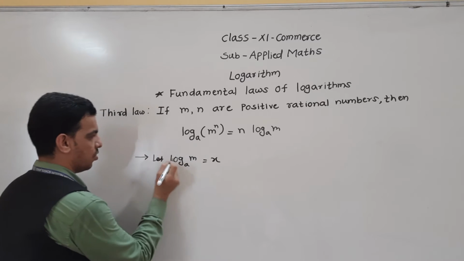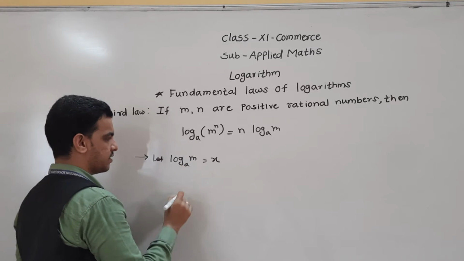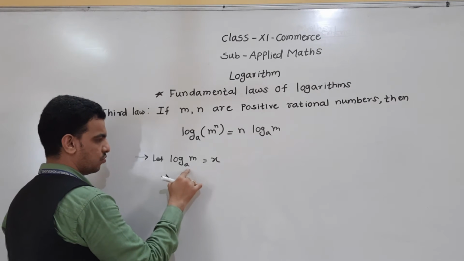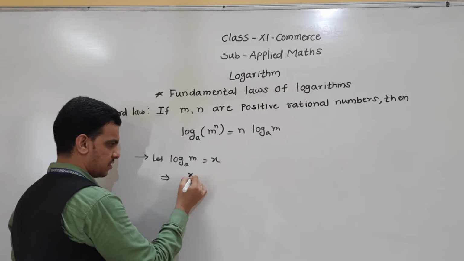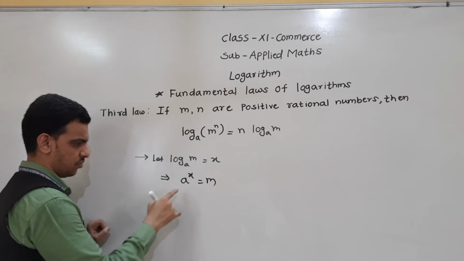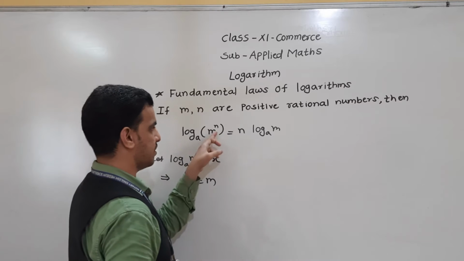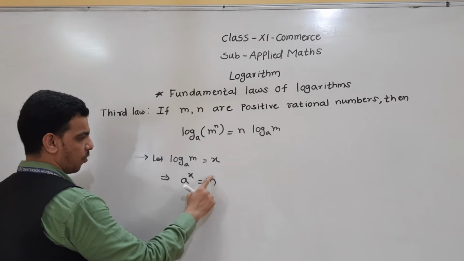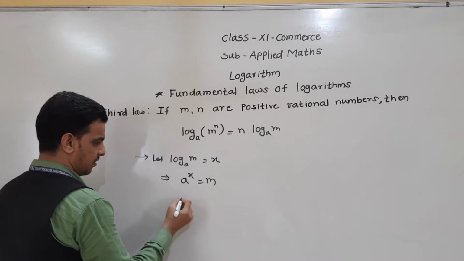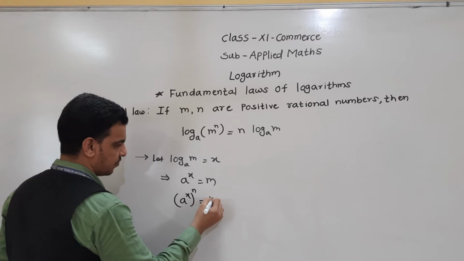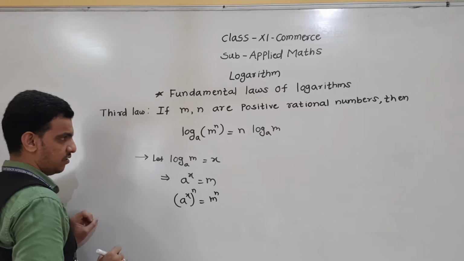If we convert in exponent form, base raised to RHS is equal to argument, so a raised to x is equal to m. Now I want m raised to n, so I am raising the power of both sides by n. So a raised to x raised to n is equal to m raised to n.